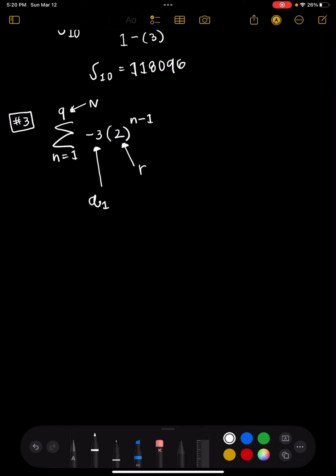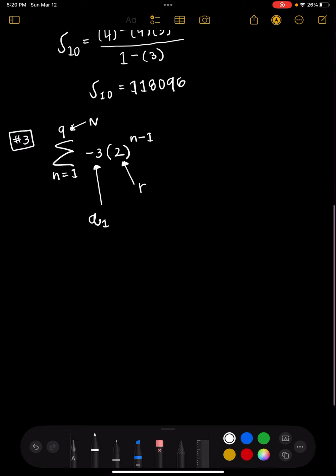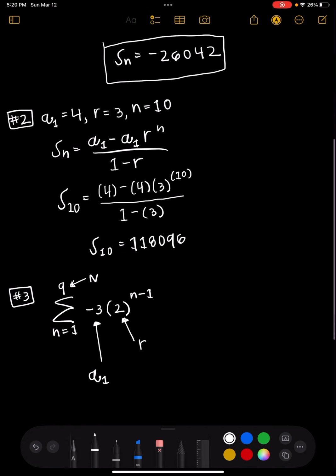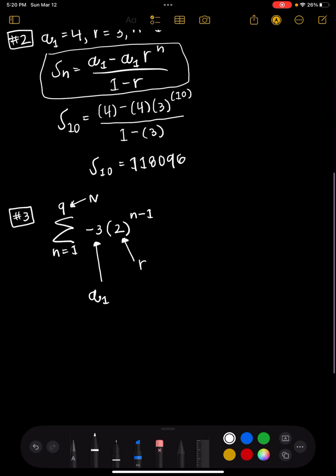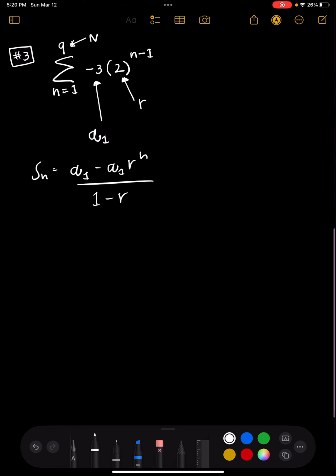Because I have all of those numbers, let me scroll up here, I can use this equation right here. Let me just box it out. Because that gives me everything, I already have everything for that equation. So let me just rewrite it down here. All right, now let's plug in what we know.